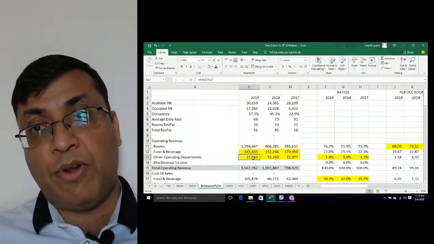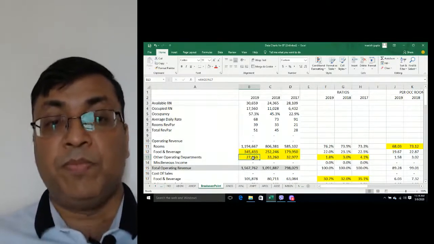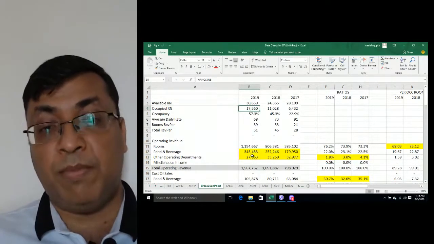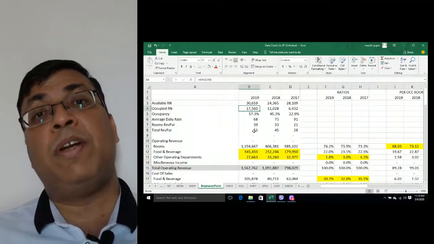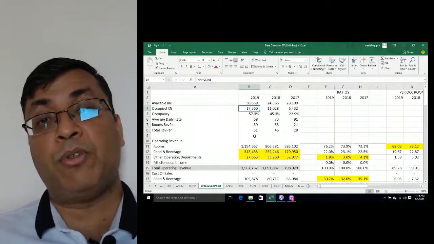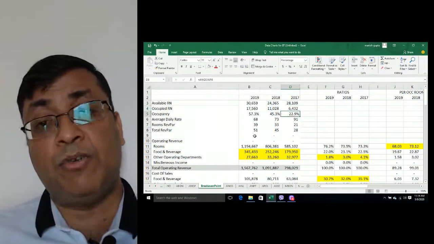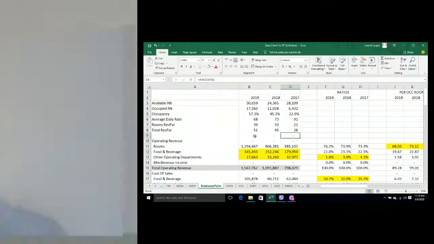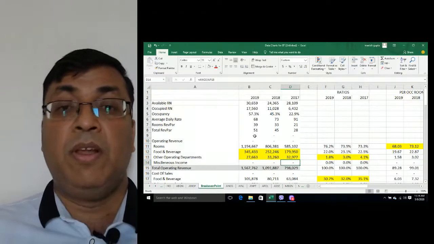In the break-even point, it's very important to understand the relationship between occupied room nights and the F&B revenue and other operating departments, because break-even point is normally calculated based on the level of occupancy at which the hotel will make no profit, no loss. Let's say in this example the occupancy is 22%. We were making $32,000, $33,000 revenue on 6,000 room nights.